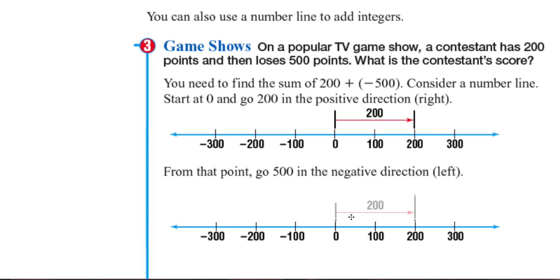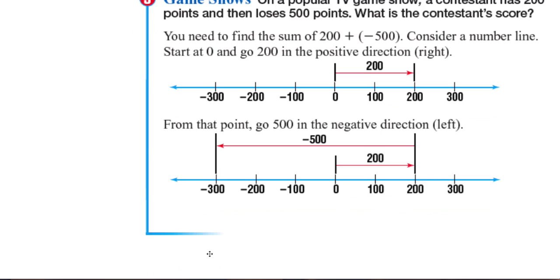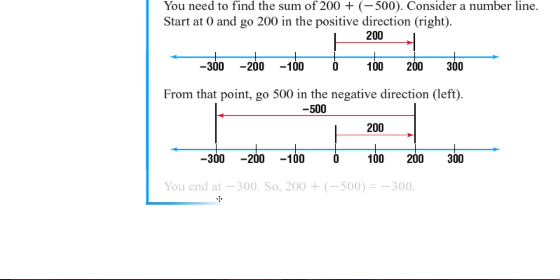So from our 200, we go 500 in the opposite direction. Once you go back 500, it lands on negative 300. So in this case, you end at negative 300. So 200 plus negative 500 is equal to negative 300.